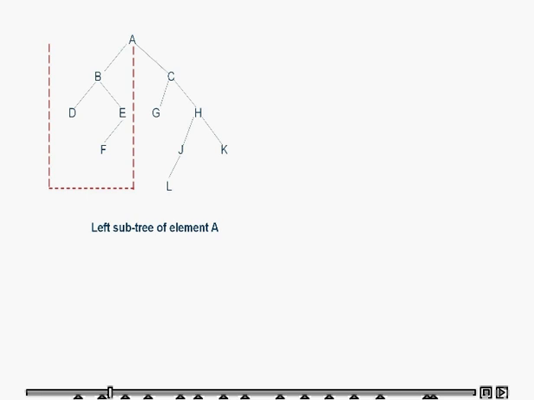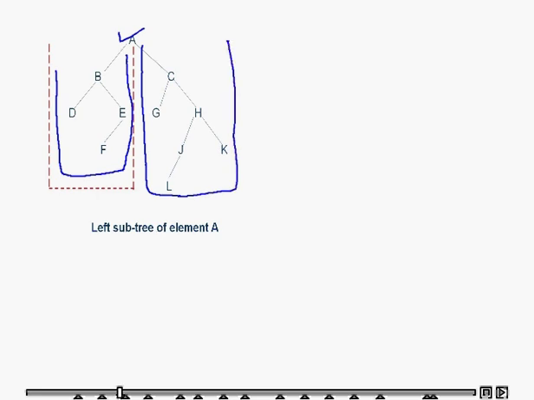So you can see in this diagram, this covering you are seeing here to the left of this A, this portion is called the left subtree of A. Similarly, the right side of A, this portion covering elements C, G, H, J, K, L, this is the right subtree.